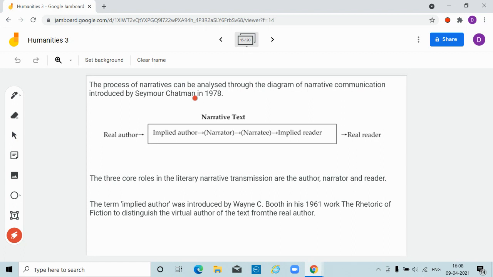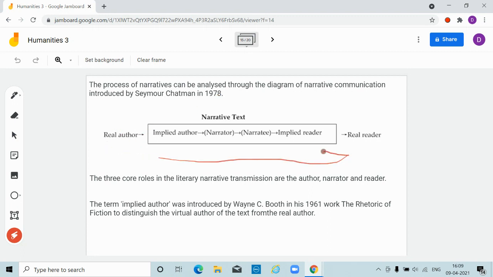This diagram is very useful for us to analyze the processes that are involved in a narrative. The process of narratives can be analyzed through the diagram of narrative communication introduced by Seymour Chatman in 1978, to help us understand how narratives are made.